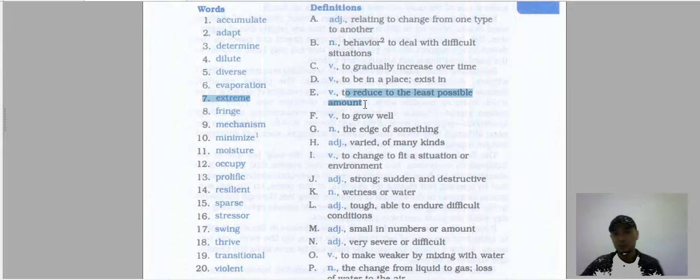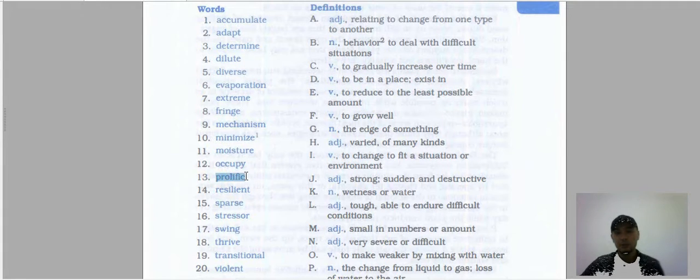Here it is given, a very easy one. Minimize, lessen, reduce, decline. And moisture, that means wetness and water, okay? Here it's given. And occupy, that means to be in a position, and to exist in one place. Here D is given.